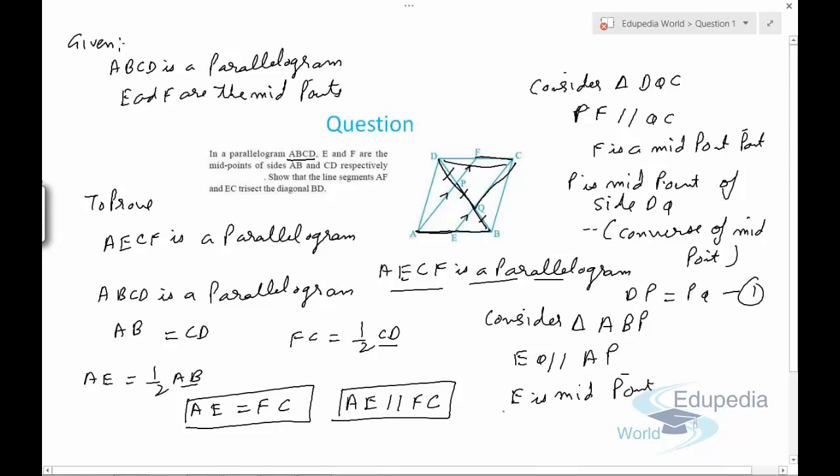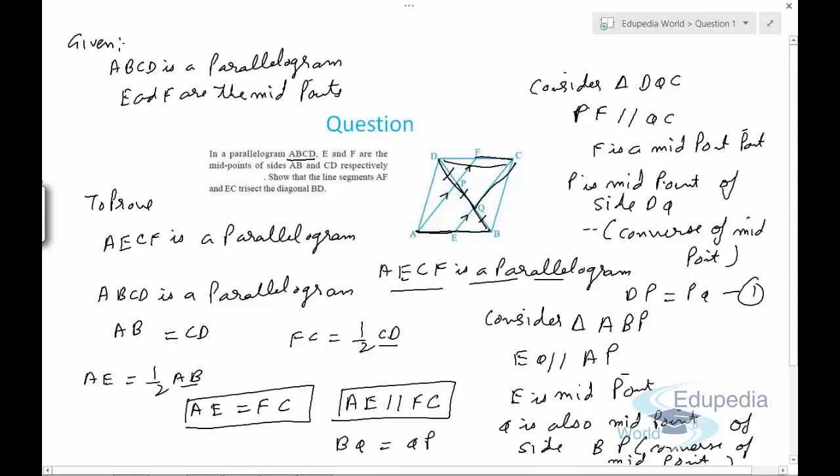So again Q is the midpoint of side BP, by the converse of the midpoint theorem, right? So BQ equals QP.